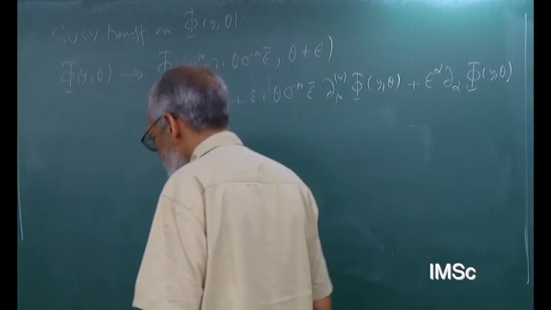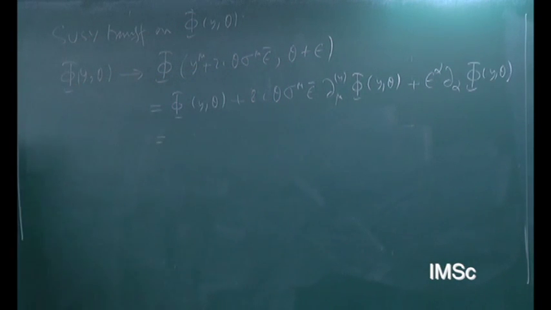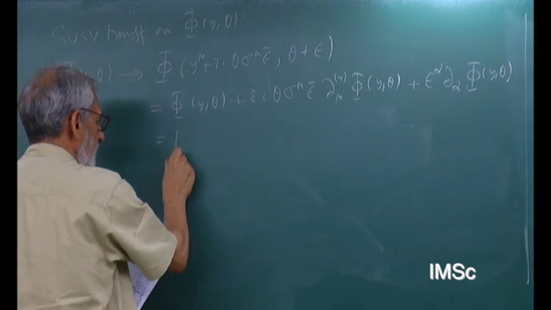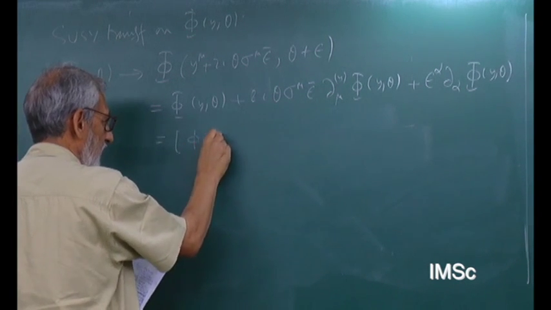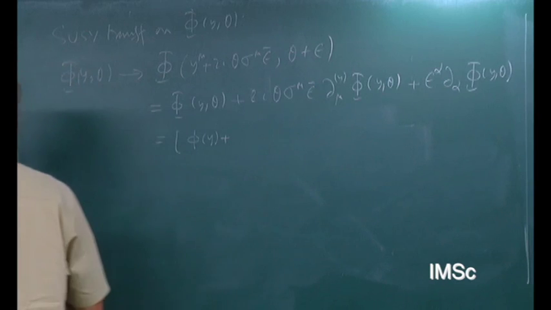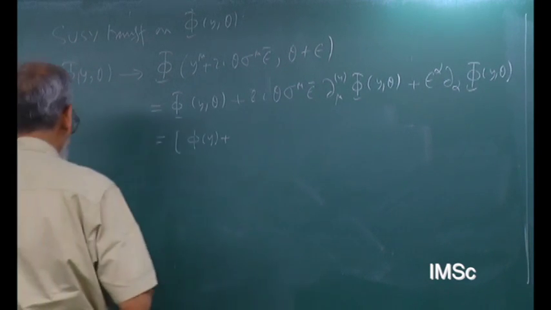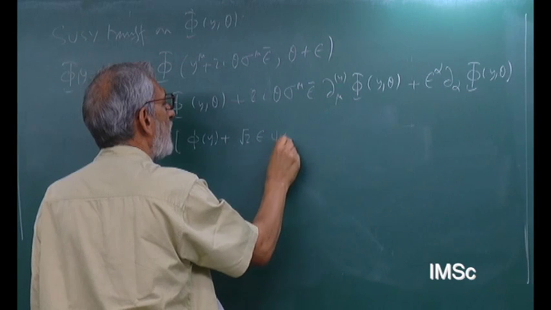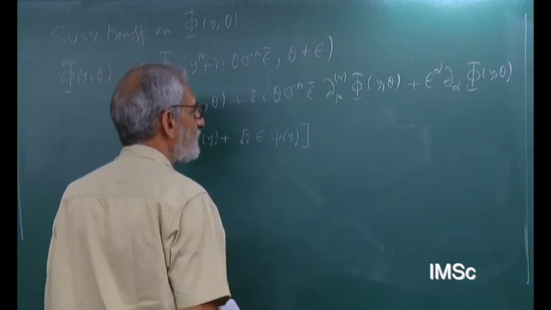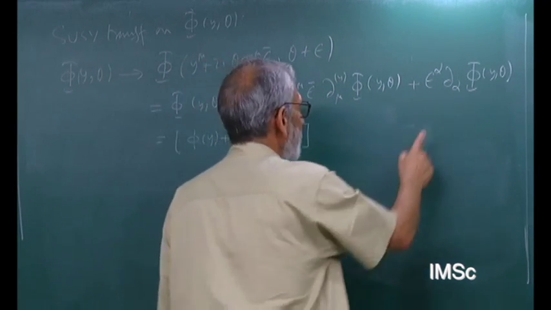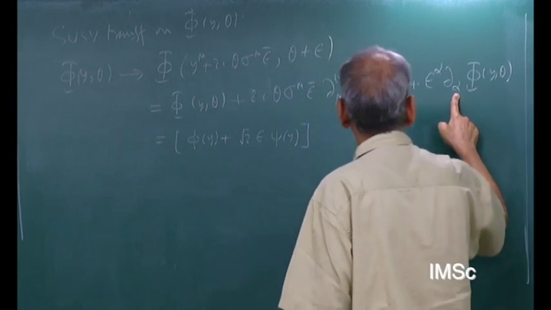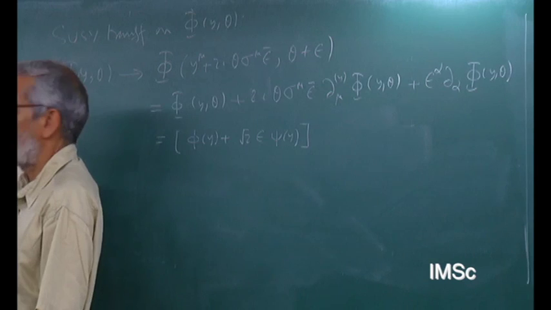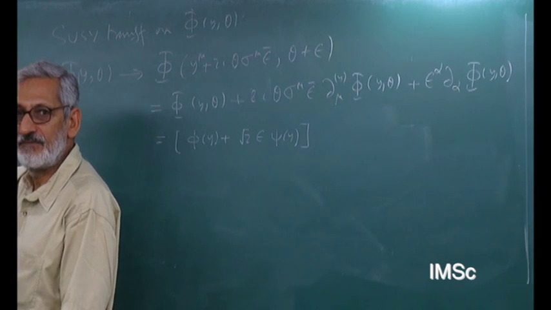So you do this and do a little bit of phase rearrangements, and you should be able to get the answer that this is phi, small phi, this one, plus root 2 epsilon psi y. This piece comes from here. When d alpha acts on this object, it just peels off this theta.